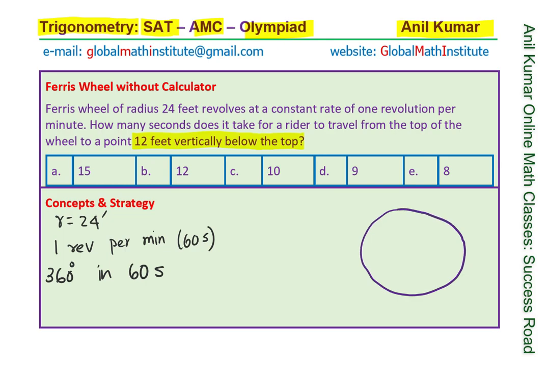So let this circle be the Ferris wheel, and we'll have from center to the top as 24 feet. We need to come vertically down 12 feet. That means midway of the top half. You get the idea, right?